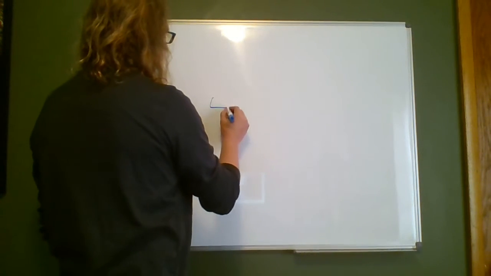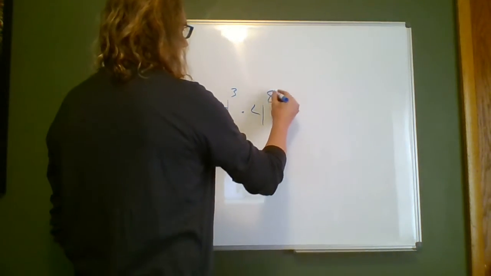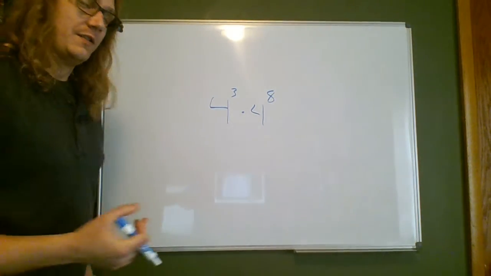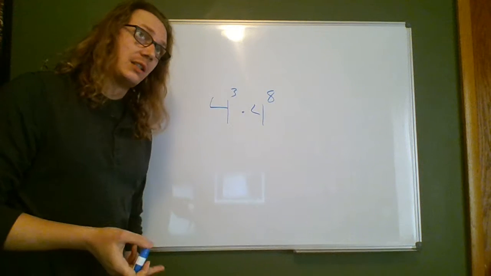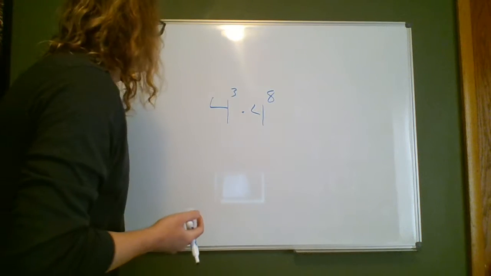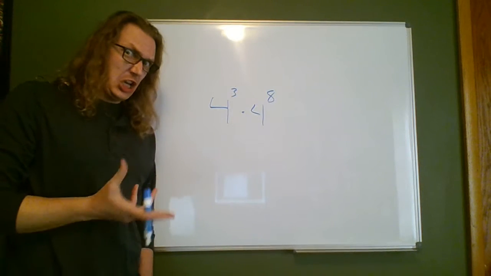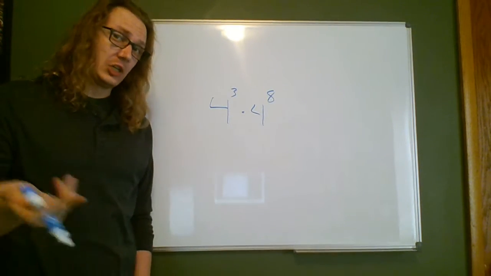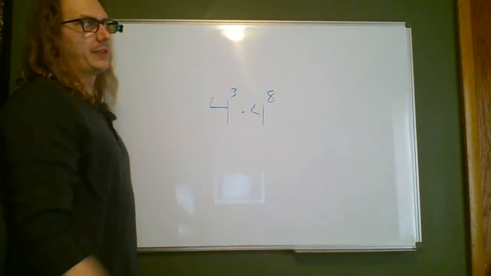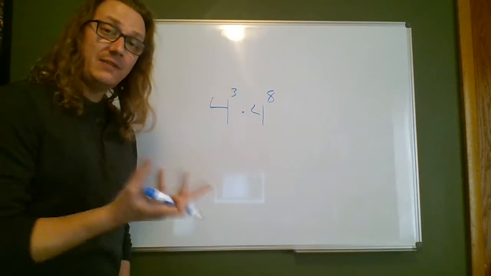For example, if I have 4 to the 3rd power times 4 to the 8th power, you can take 4 to the 3rd and figure out what that is. 4 times 4 is 16, 16 times 4 is 64. 4 to the 8th power is something huge, because with large exponents, numbers get stupid big, stupid fast. So we've got 64 times something really, really big, and I don't want to write that because I don't have the time or the patience for that. So we leave it as exponents.